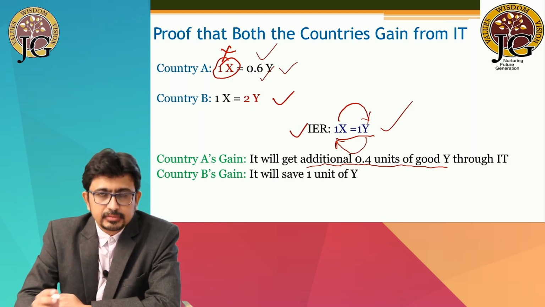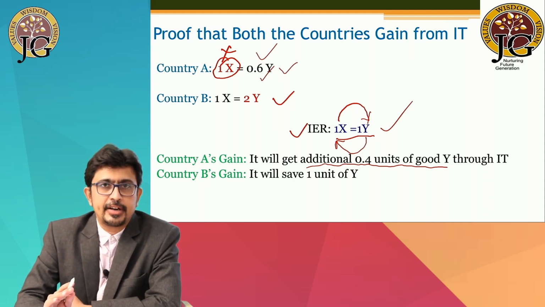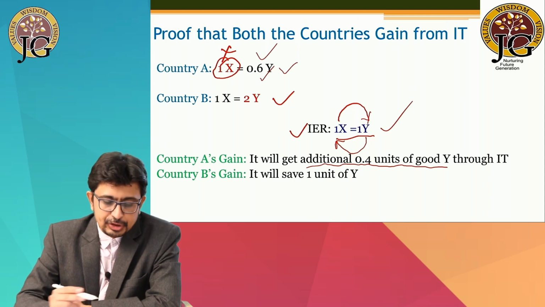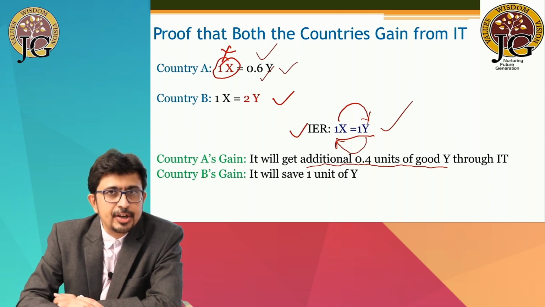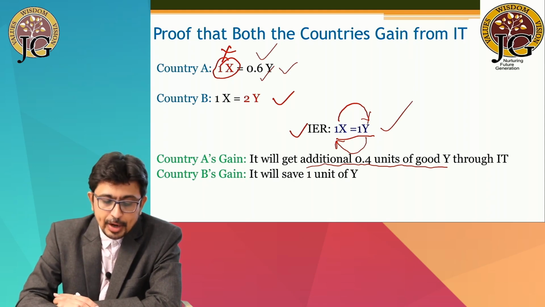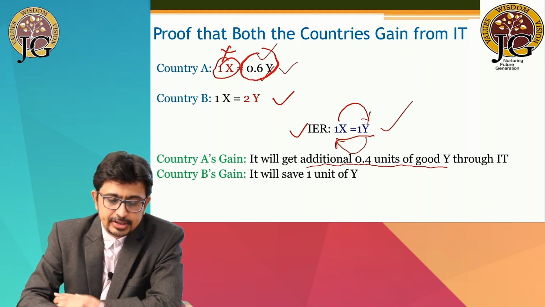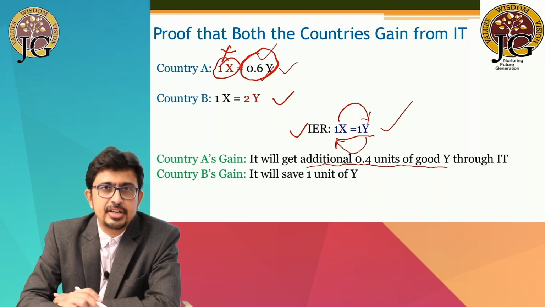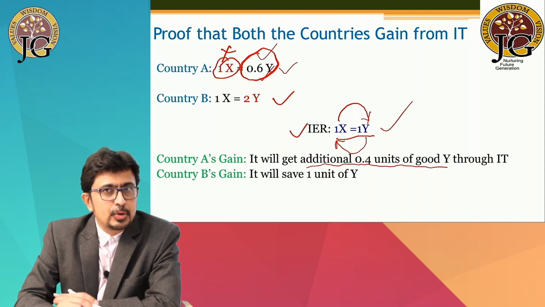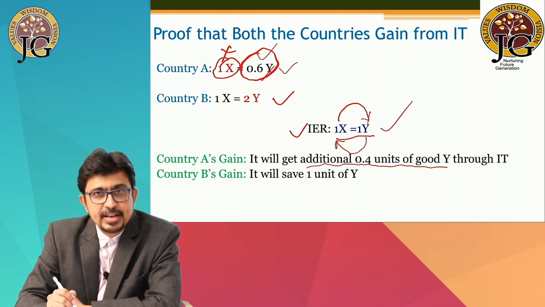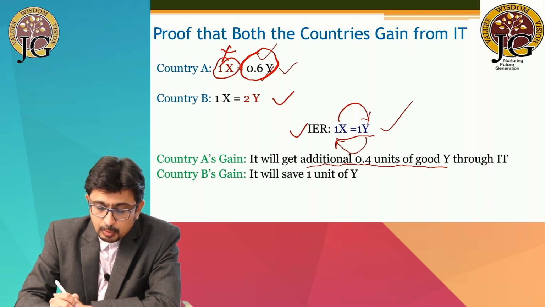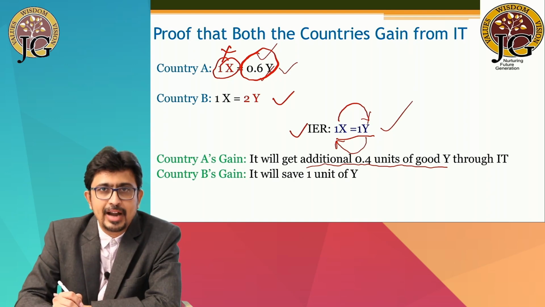I repeat, without international trade, if country A tries to produce good Y on its own, by sacrificing 1 unit of X, it is going to get only 0.6 units of Y, because that is the domestic exchange rate in country A. Now instead of doing that, if first the country produces good X and then exports this good X to country B, in return it can get 1 whole unit of Y for that.